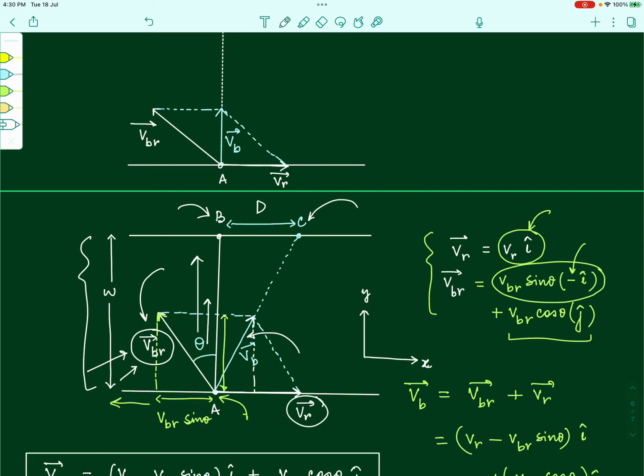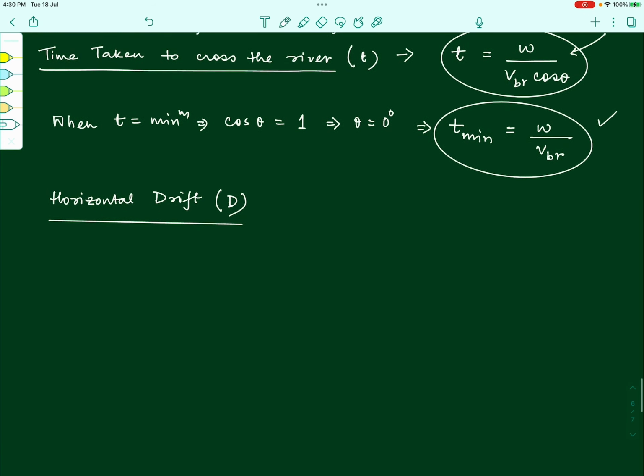If you look at the figure carefully, you would understand that the horizontal drift D is nothing but the horizontal displacement, or the x-directional displacement, of the boat in the same time in which it crosses the river and reaches the point C, isn't it so? So how do we find out the horizontal drift?